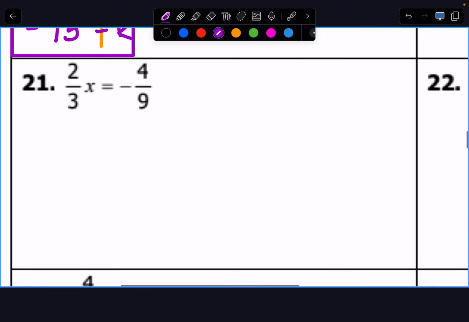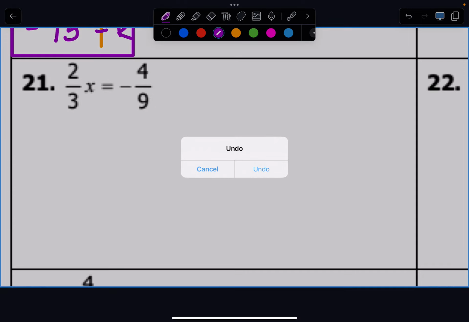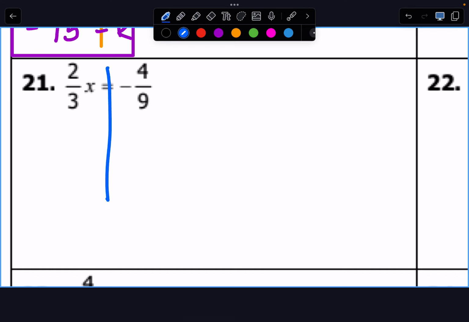So number 21, this one looks a little different. We have fractions on both sides, okay? So it is important that we identify where x is, and we know which number we need to move. Which number is attached to x? The 2/3, okay?